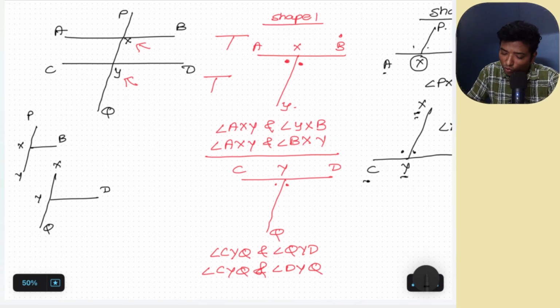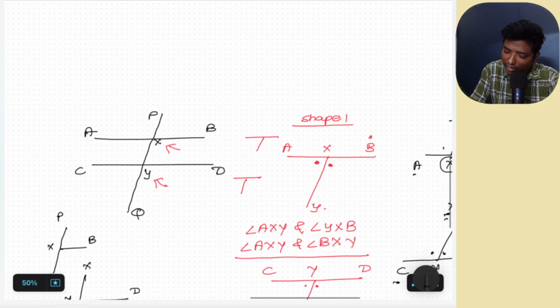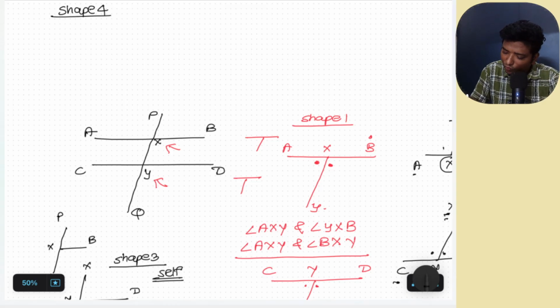And shape number 4 is the right hand side T. You are going to name it.